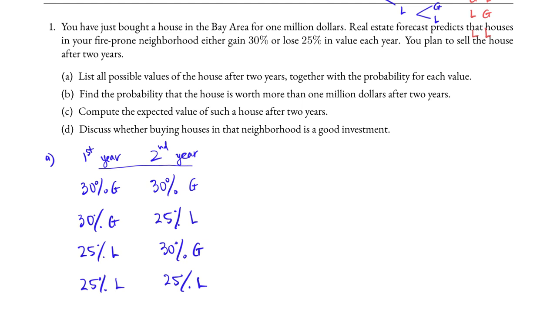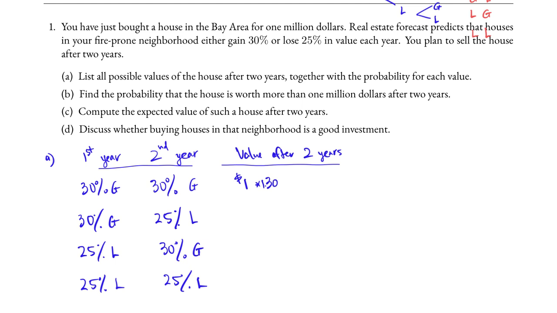We then list the value of the house after 2 years. So these are the values after 2 years, not just 1 year, but 2 years. We start with 1 million. We will denote simply $1 for 1 million in this case. A 30% increase has a factor of 1.3.